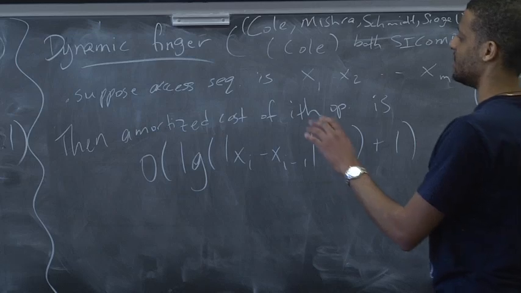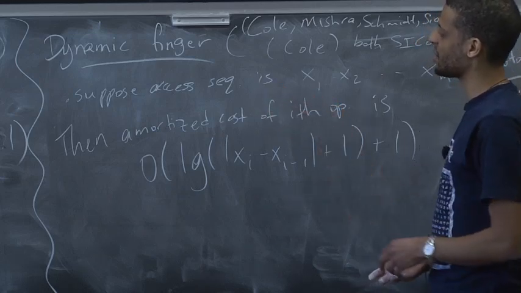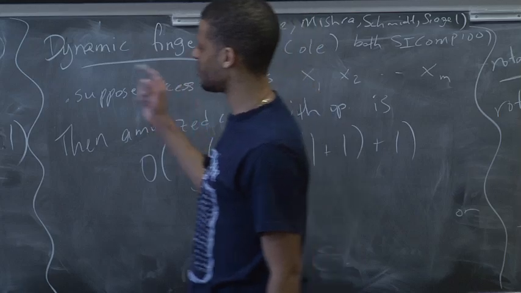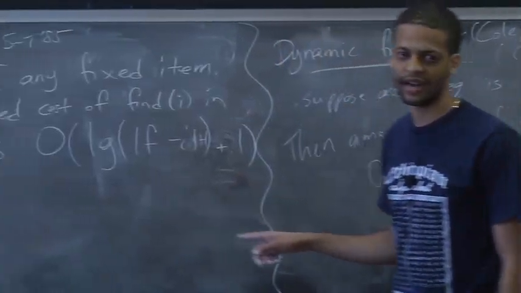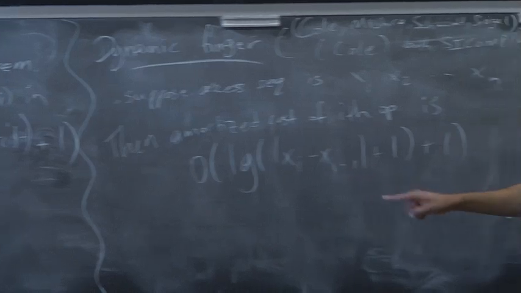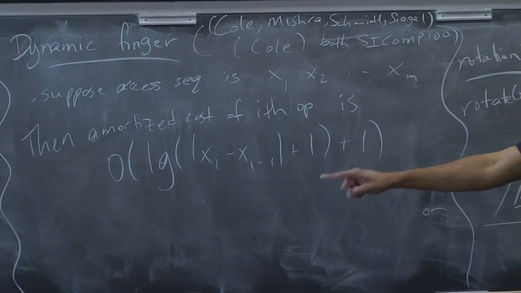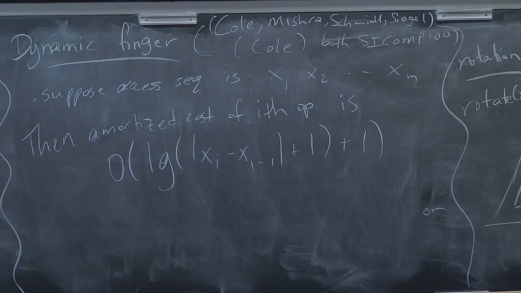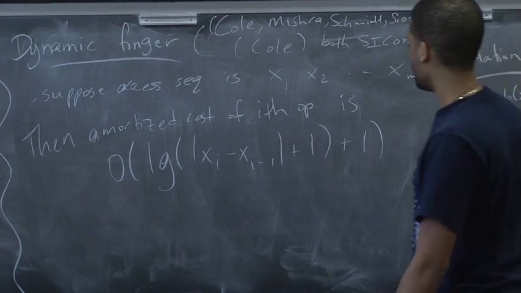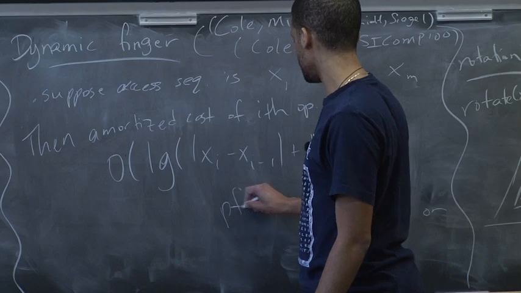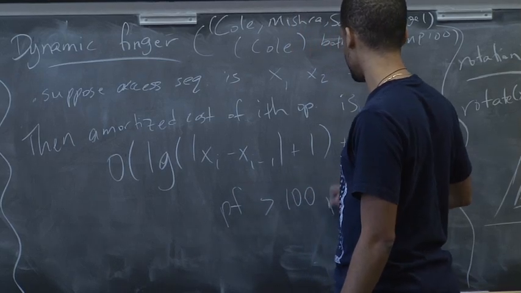The reason it's called dynamic finger is that here your finger always stays on f and you're measuring distance to f. Here your finger always moves to the item you last searched for. Okay? And the proof is, I think, at least more than 100 pages.